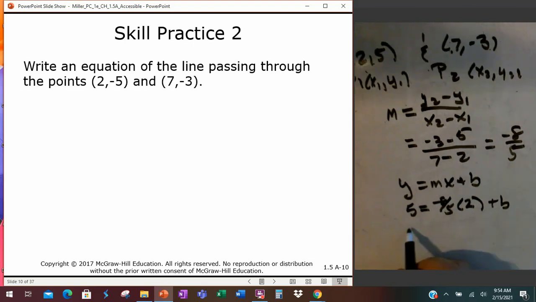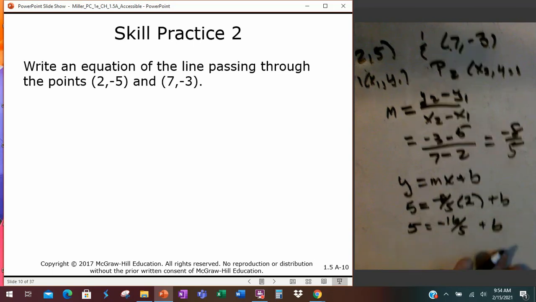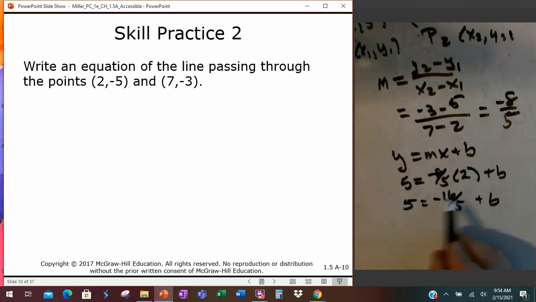Okay. So 5 equals -16/5 plus b, so take this over there, plus 16/5 for both sides.